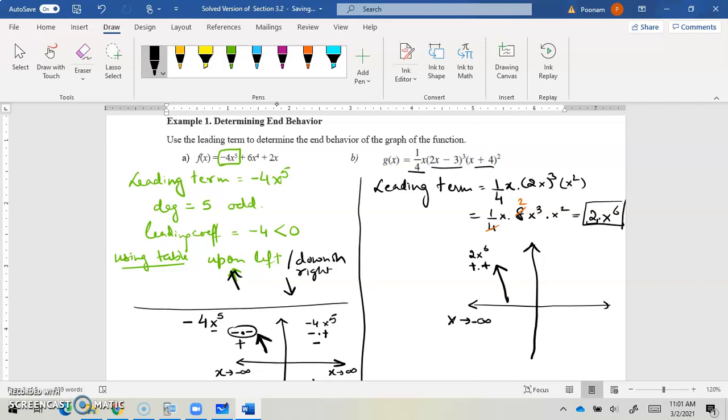On the right hand side, x approaches positive infinity. What happens to my leading term? This is positive clearly. A positive number raised to power 6 will also be positive. So the graph goes up on the right hand side. I am not sure what happened in between, but I am clear that the graph goes up on the left and up on the right. That is how we can figure out the end behavior.